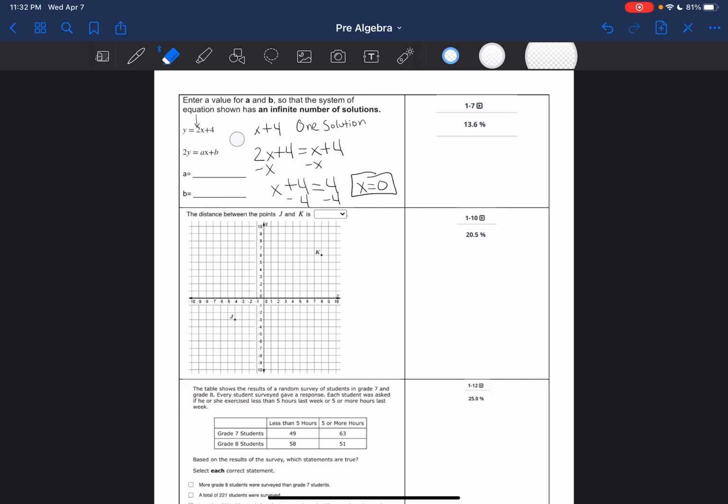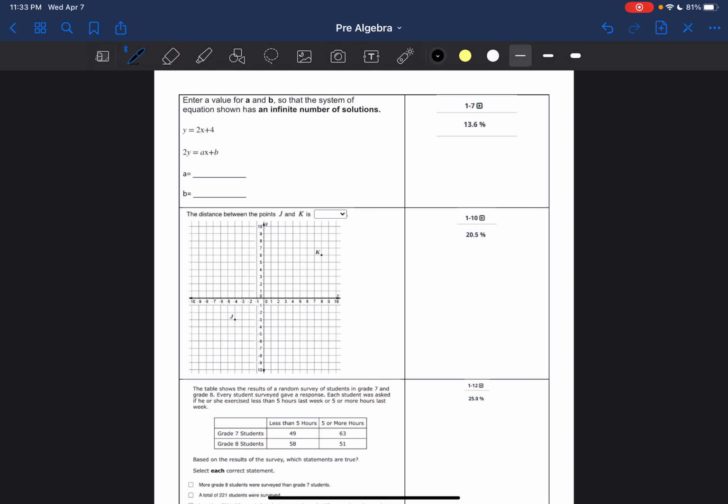And then the other type of option that we have is where it would have no solution. And this one would be if the coefficients of x are the same, but the constant terms are different.